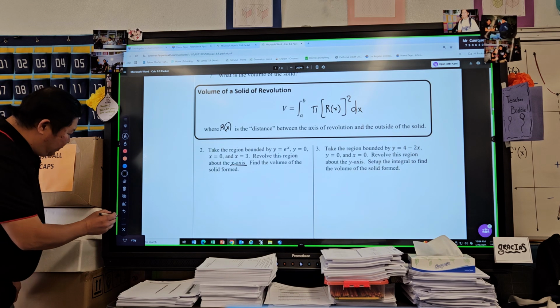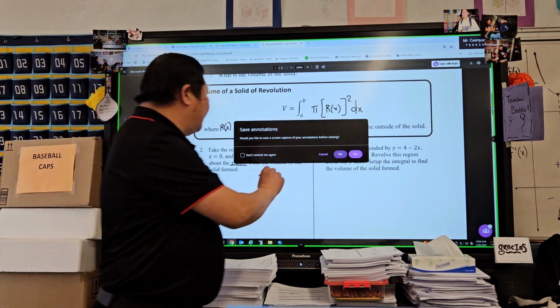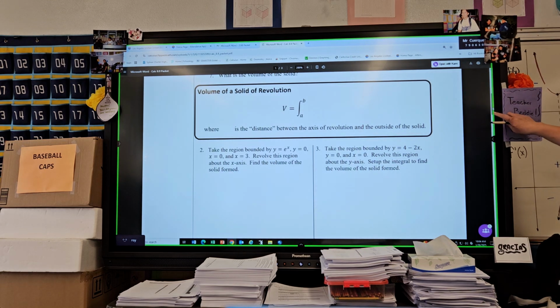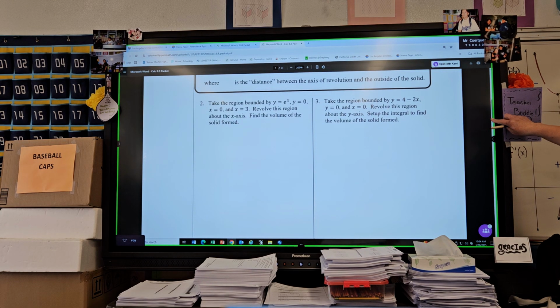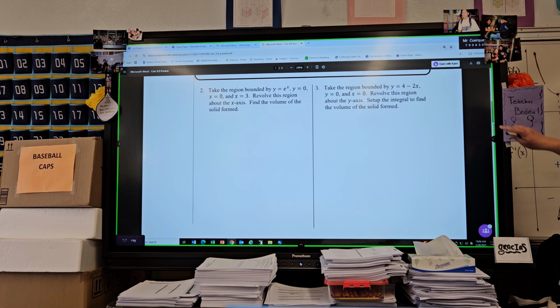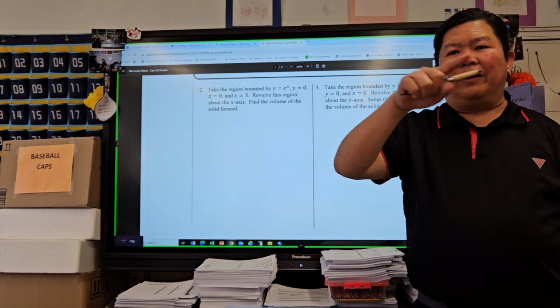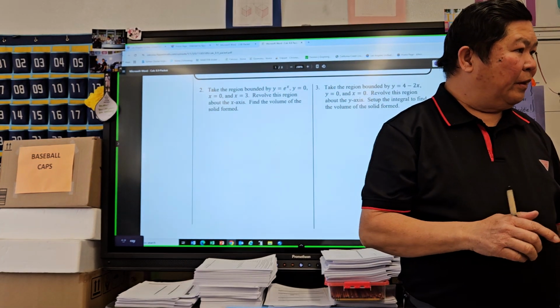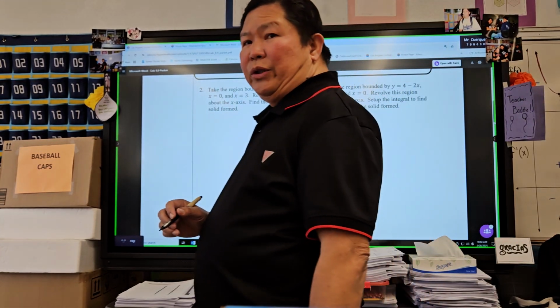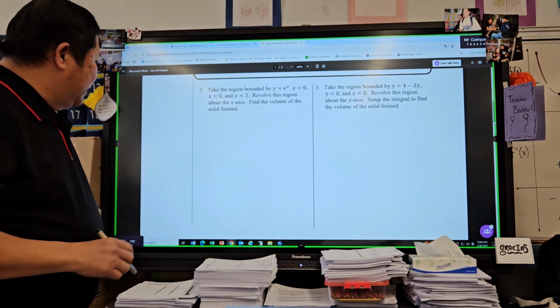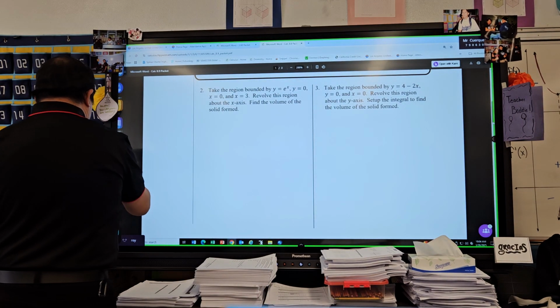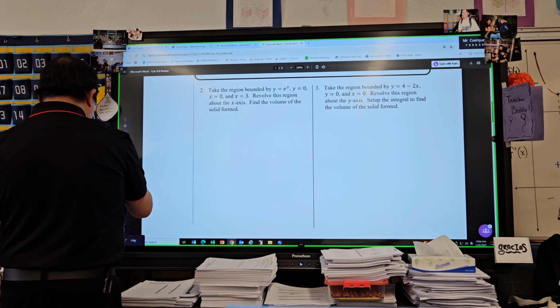Can I move this up first? So I have space. Can you imagine a graph of exponential? Y equals e to the power of x. So we're going to sketch the graph first.